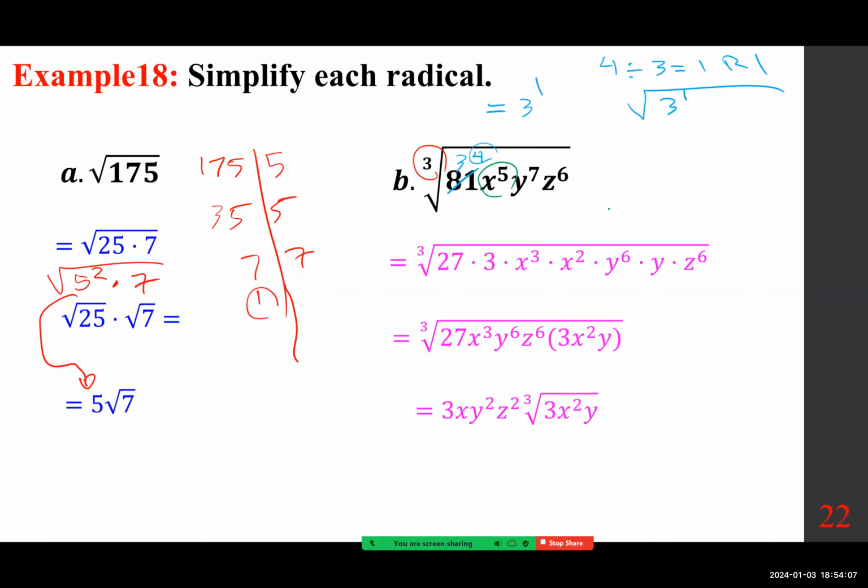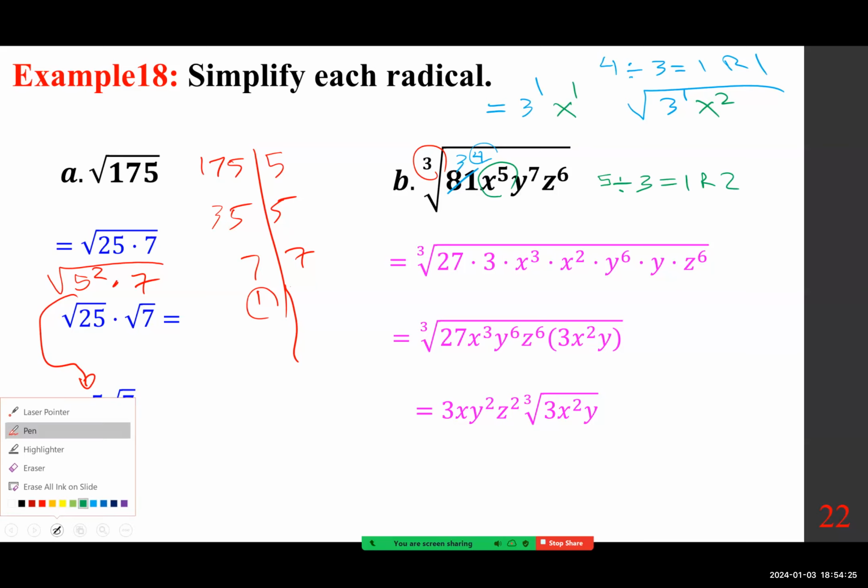x to the power of 5. Divide 5 by the index 3, you get 1 with the remainder 2. So you get x to the power of 1 out, x to the power of remainder in. This one, the exponent is 7, divided by the index gives you 2 with remainder 1.